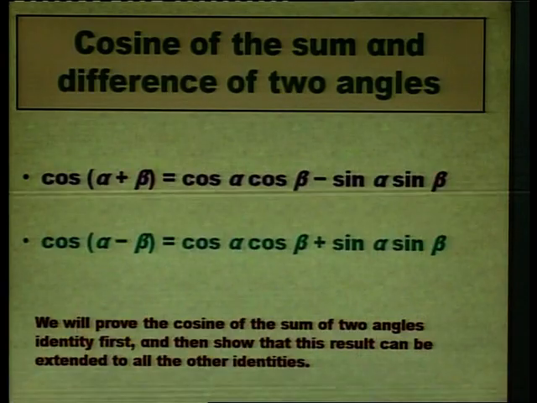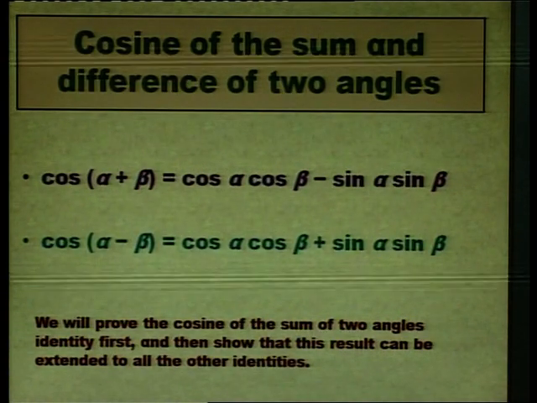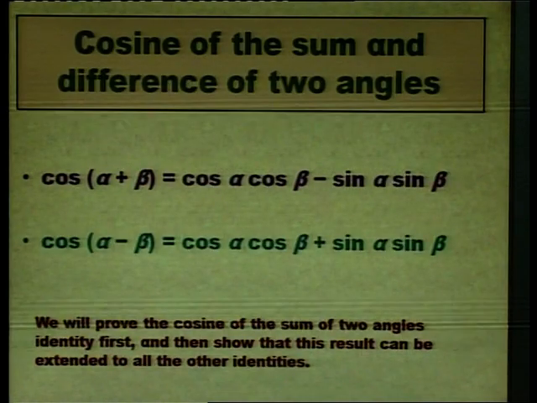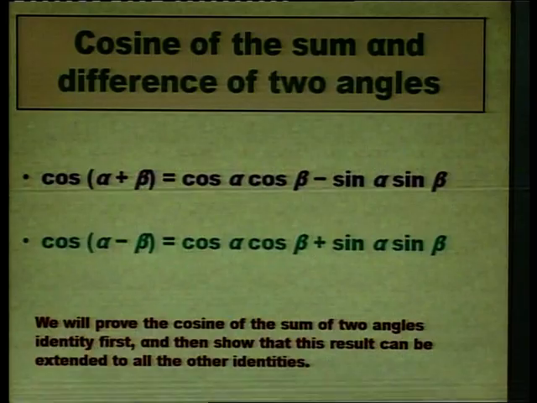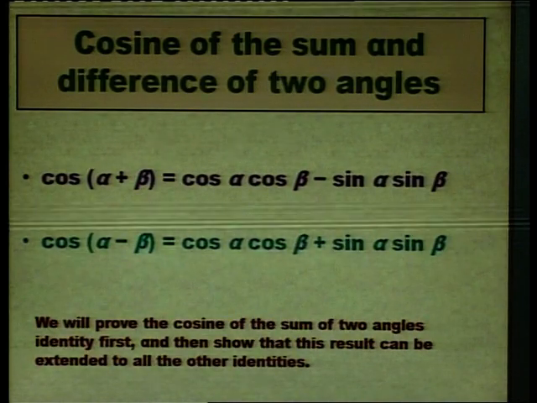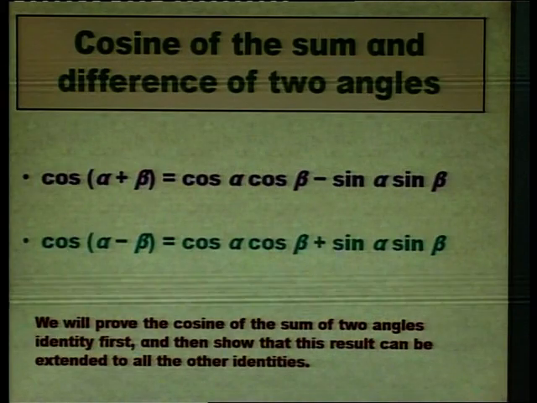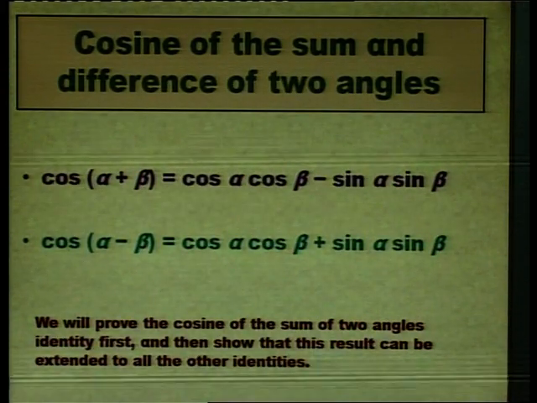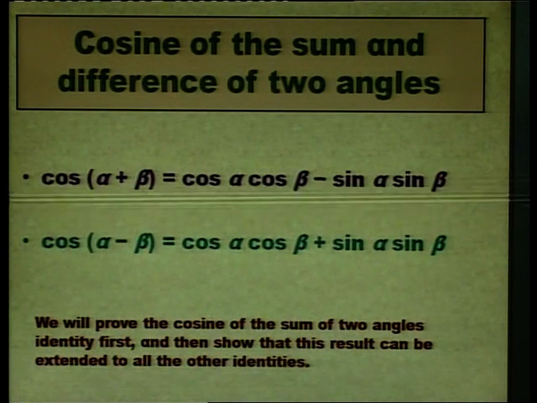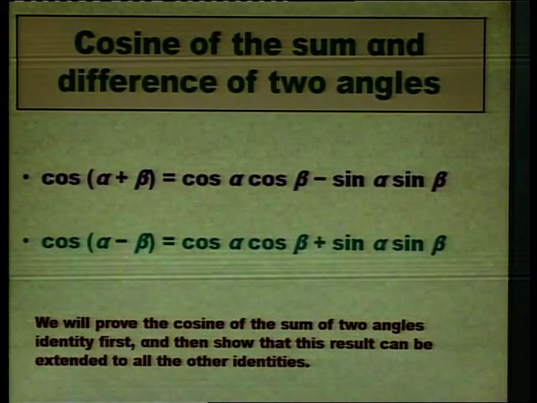So, first of all we consider the formula cos of alpha plus beta, where alpha and beta are the angles. First of all as a remark, this is not equal to cos of alpha plus cos of beta. In fact, the value of this expression turns out to be cos alpha cos beta minus sin alpha sin beta.